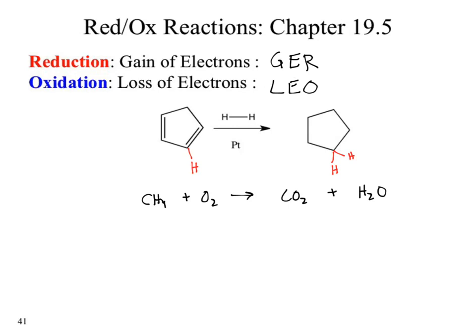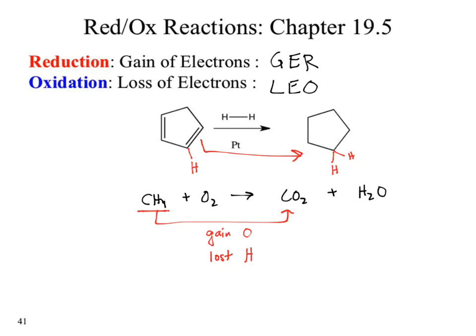Okay? For those of you that don't understand, what happened when we did the oxidation from CH4 to CO2? We gained oxygen and we lost hydrogen. In the case of going from our cyclopentadiene to our cyclopentane, what did we do? We gained hydrogen.